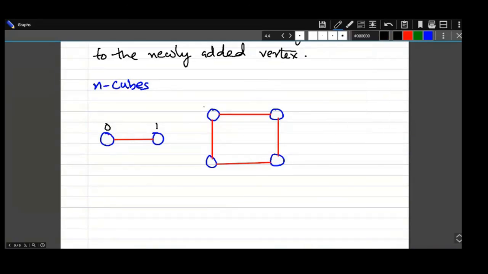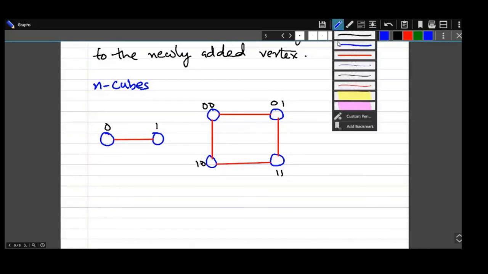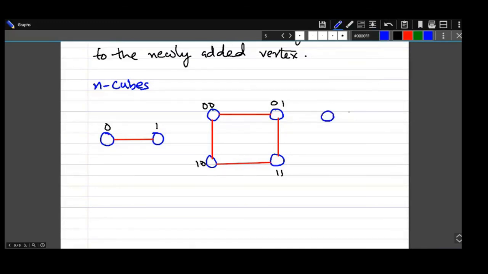So look at the code, 0 0, then this is 0 1, 1 0 and 1 1. There is just a difference of 1 bit. And when you have more than that, how to do that? So I'll just draw it over here. And then this remaining one, I'll first connect it so that you will understand it.